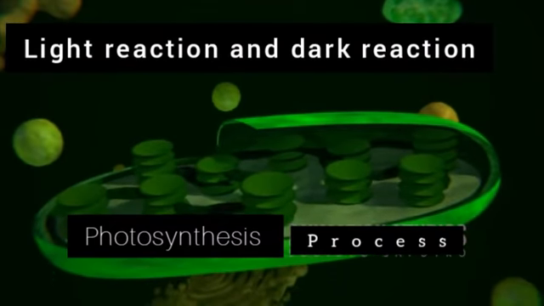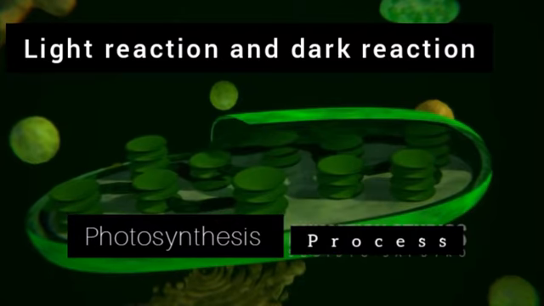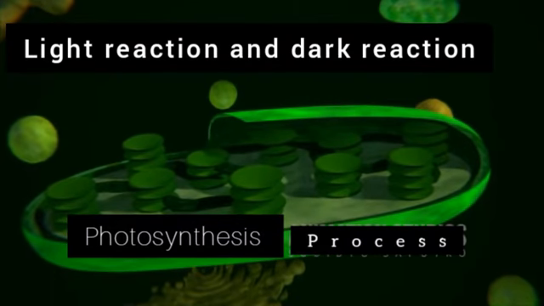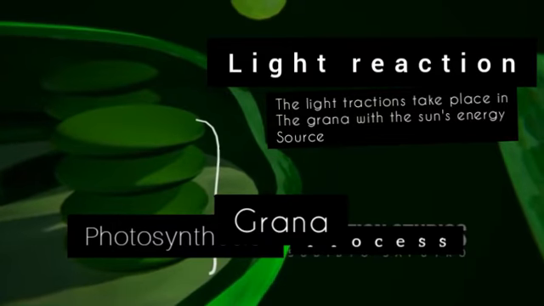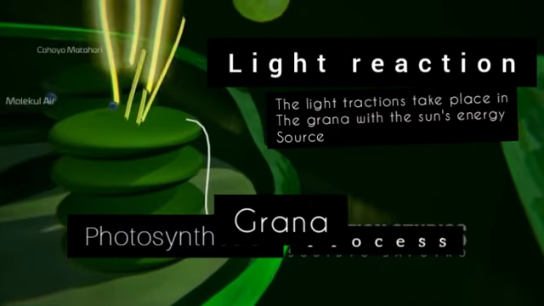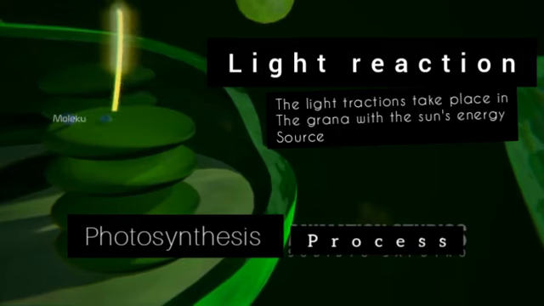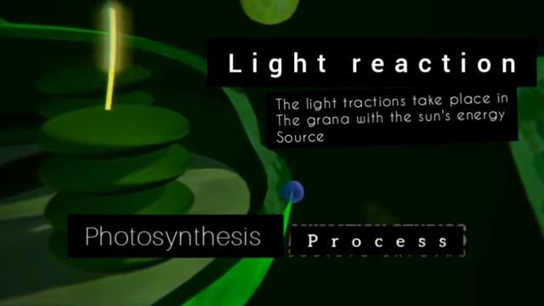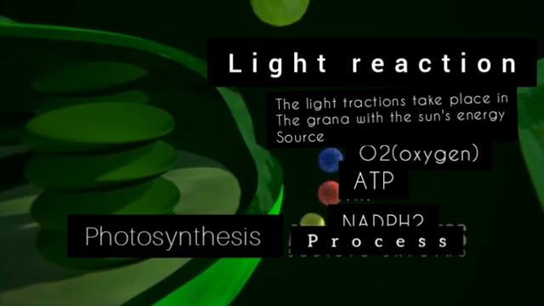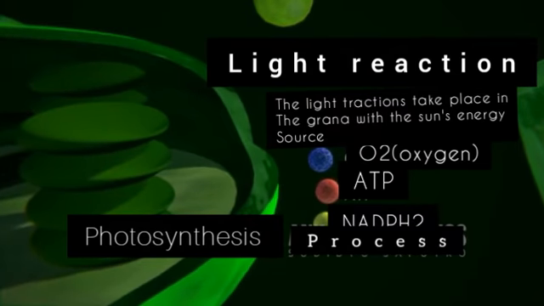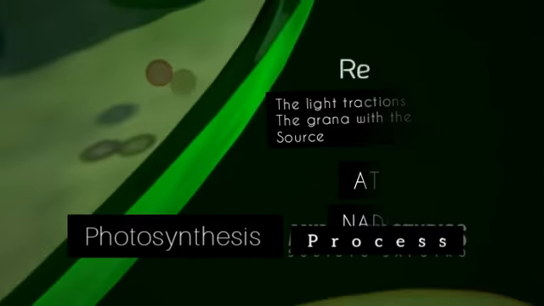In the process of photosynthesis, there is a light reaction and a dark reaction. The light reaction takes place in the grana with the sun as the energy source. The products of this reaction are oxygen, ATP, and NADPH2.